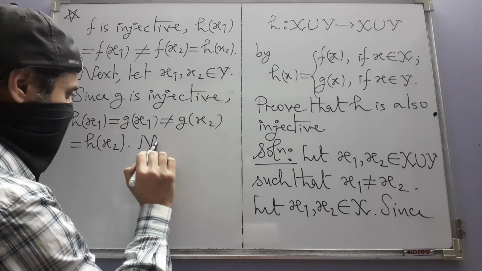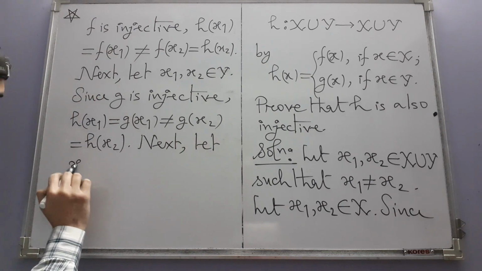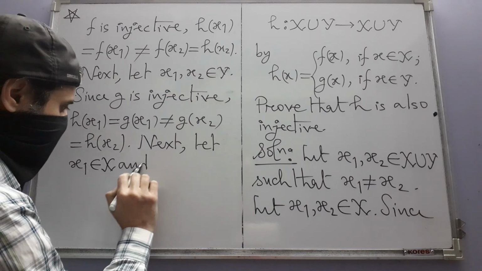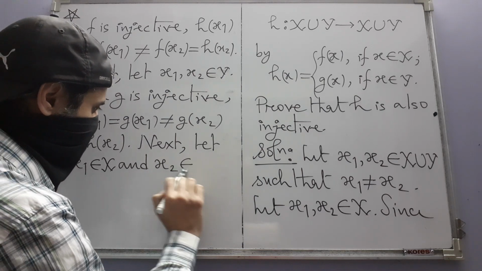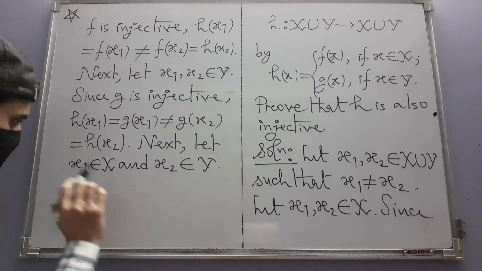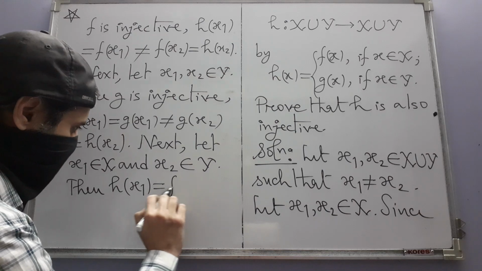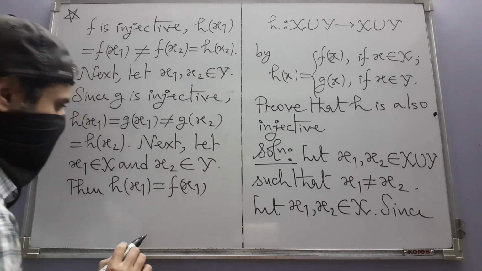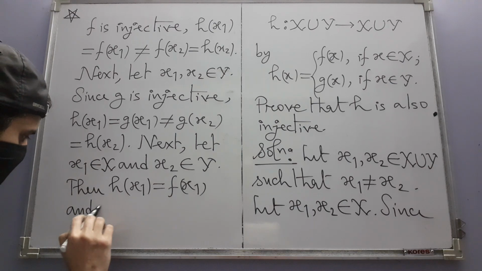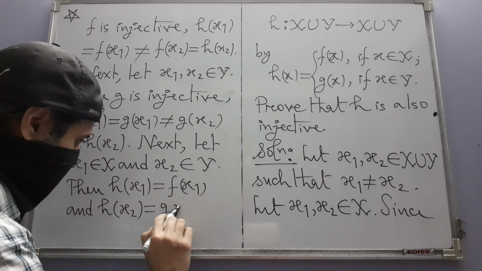Next, let x1 belong to X and x2 belong to Y. Then h of x1 is f of x1 and h of x2 is g of x2.